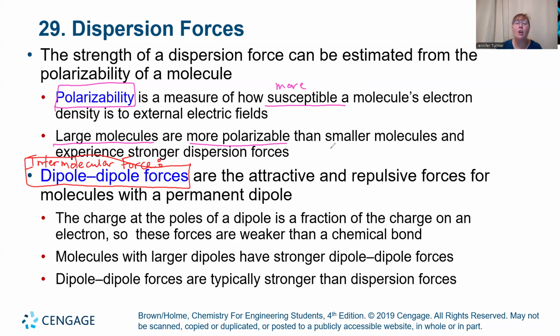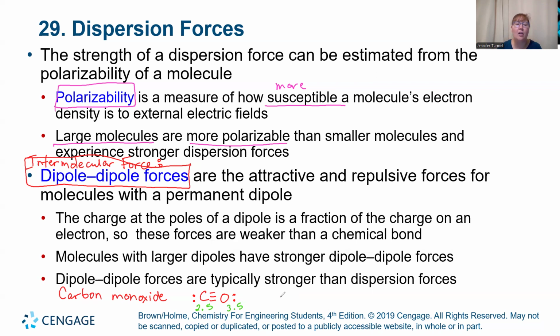If you look at carbon monoxide, we have our carbon here, and it's triple bonded to our oxygen like so. The electronegativity for carbon is 2.5, and the electronegativity for oxygen is 3.5.